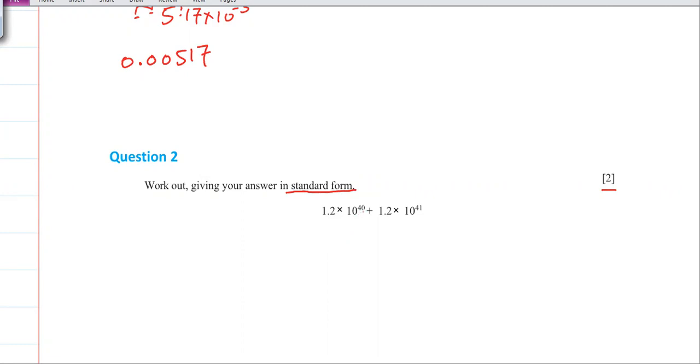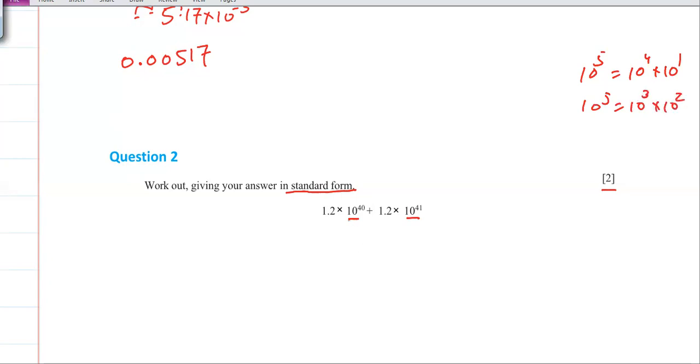Okay. So what we have to do is make the power of 10 the same. Like this is 10 power 40, this is 10 power 41. So you will make them the same. For that, remember one thing. For example, if you have 10 power 5, you can write it as 10 power 4 into 10 power 1, or you can even write 10 power 5 as 10 power 3 into 10 power 2.